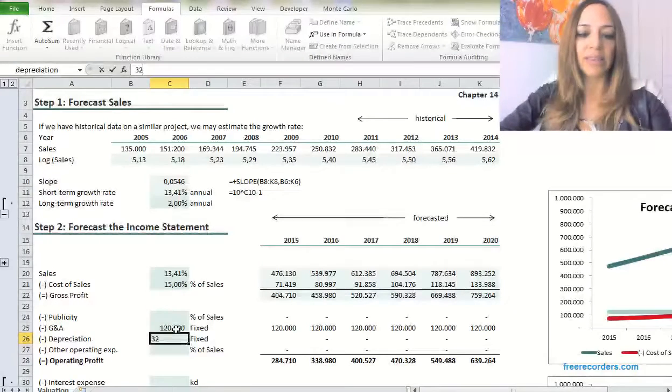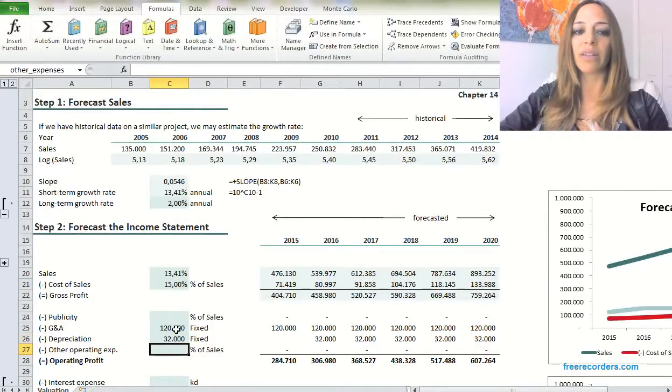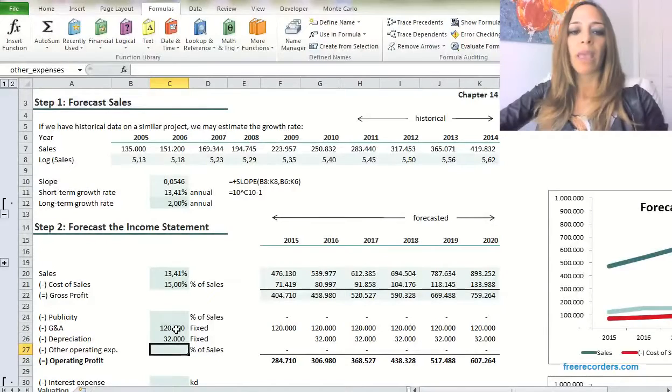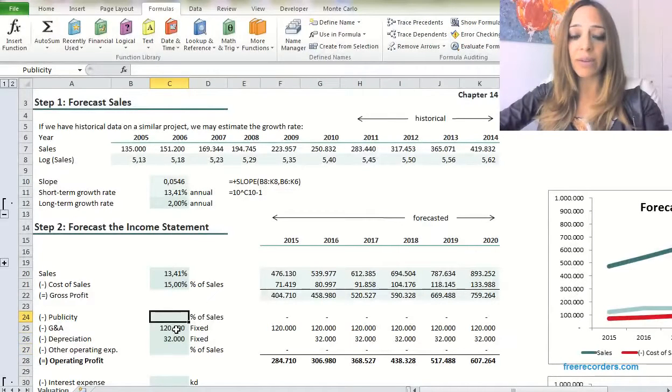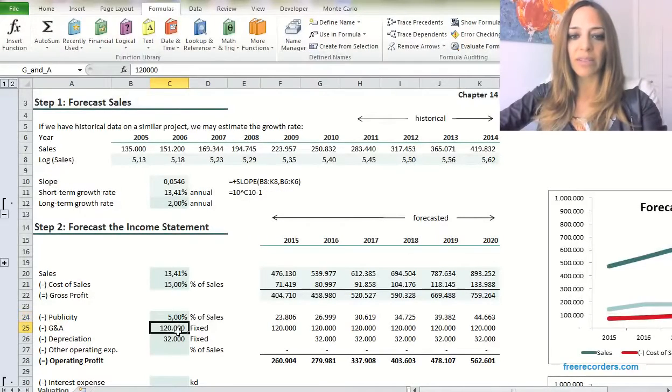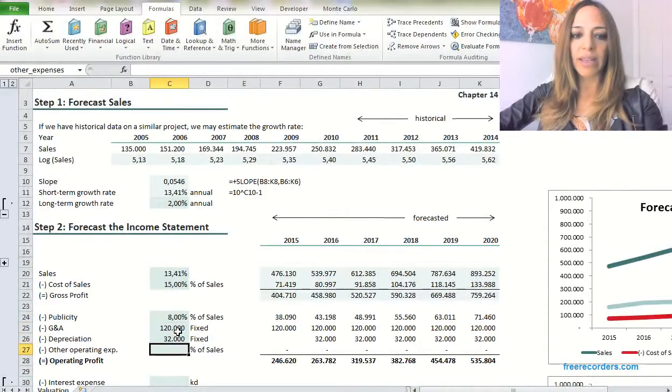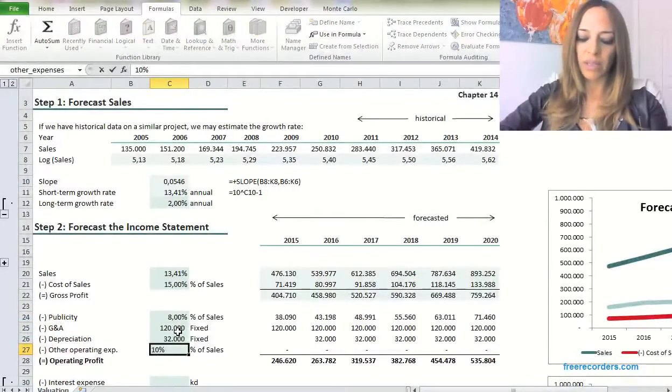In this case, it will depend not on sales, but on the fixed assets that we need to support that growth of sales. And then we have publicity, which will be a direct cost in this case, or expense, 8% of sales. I'm sorry, 8%. And then other operating expenses, which would be 10%.